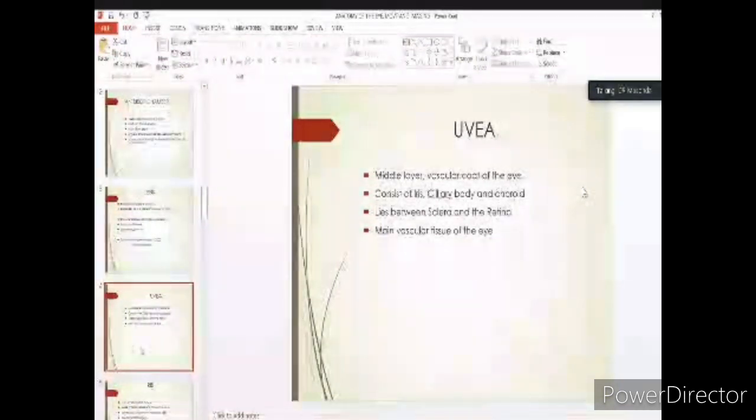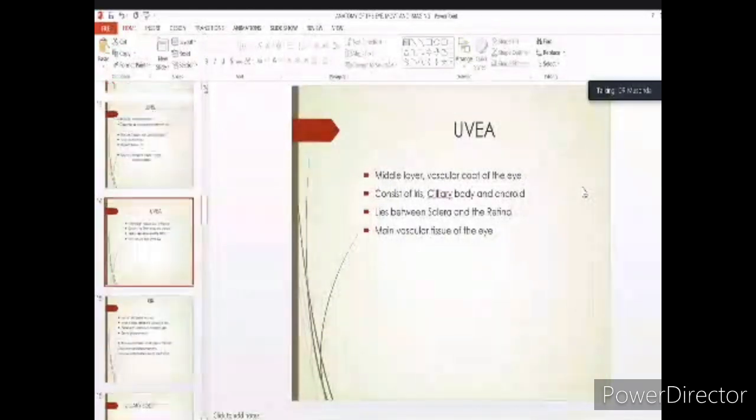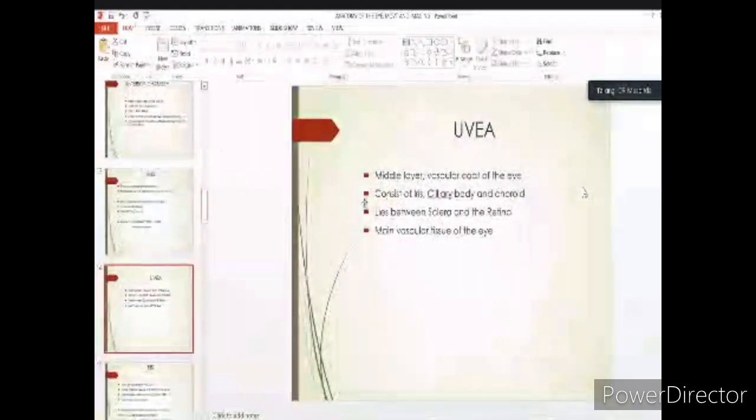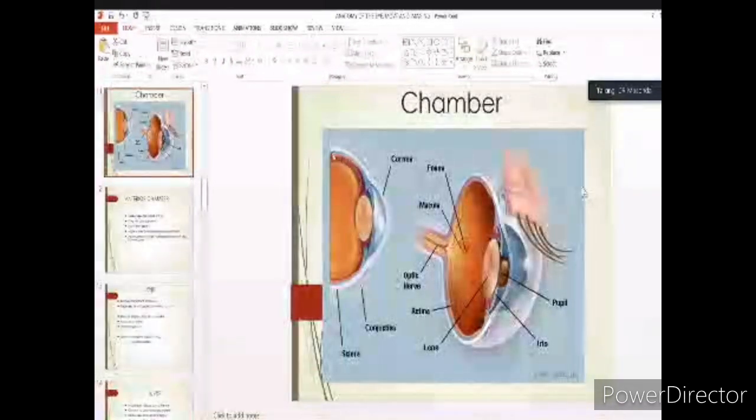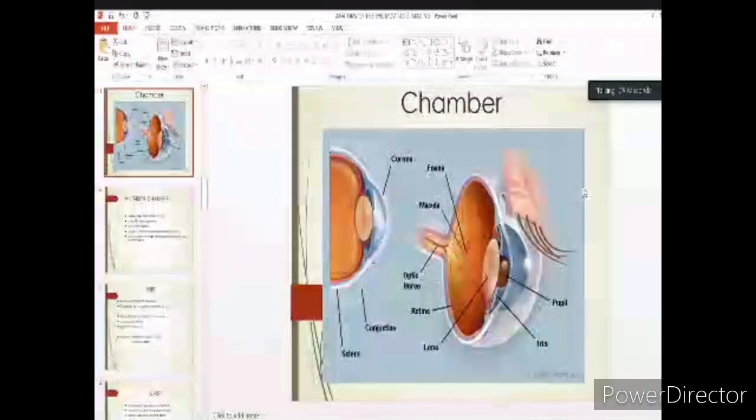The next structure is called the uvea. Now, uvea is a general term that encompasses the iris in front, the ciliary body, and this blue line, the choroid.